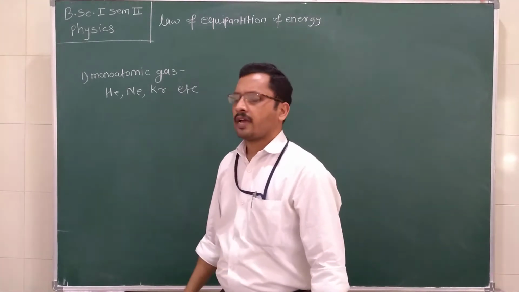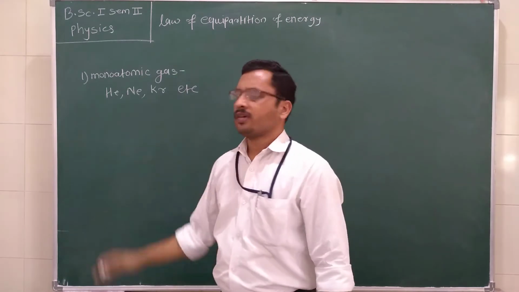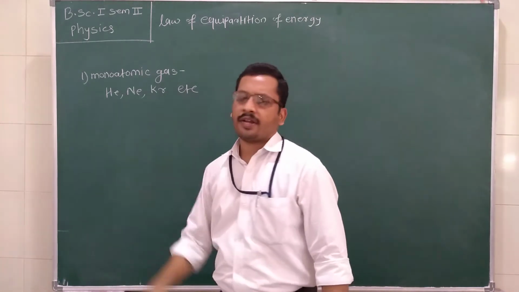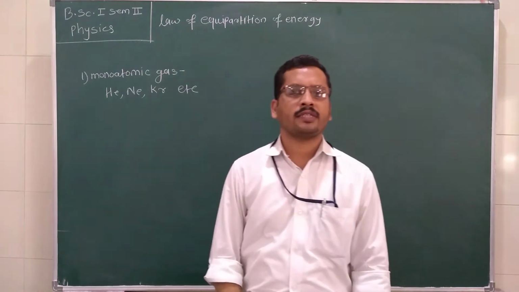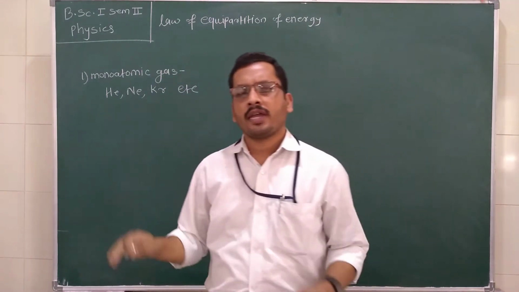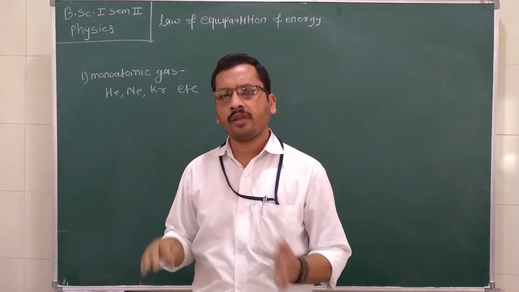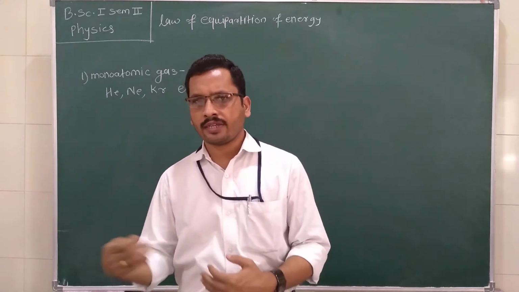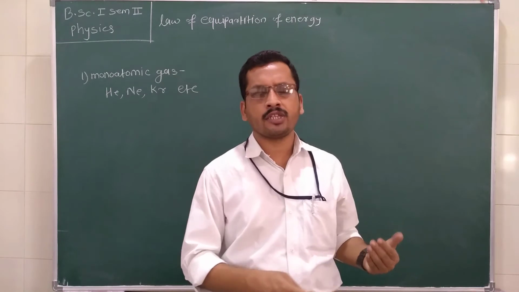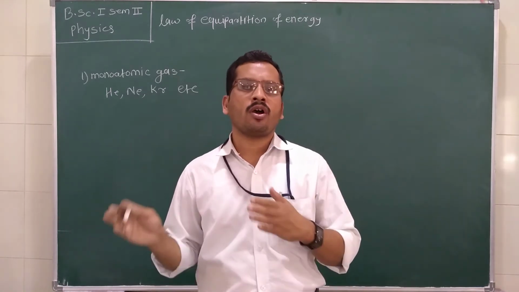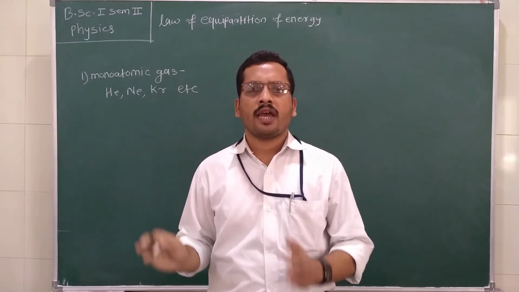Now, as we know, the single atom of a monoatomic gas can move in all the possible directions, along the x-axis, along the y-axis or along the z-axis, or a combination of these 3 axes.